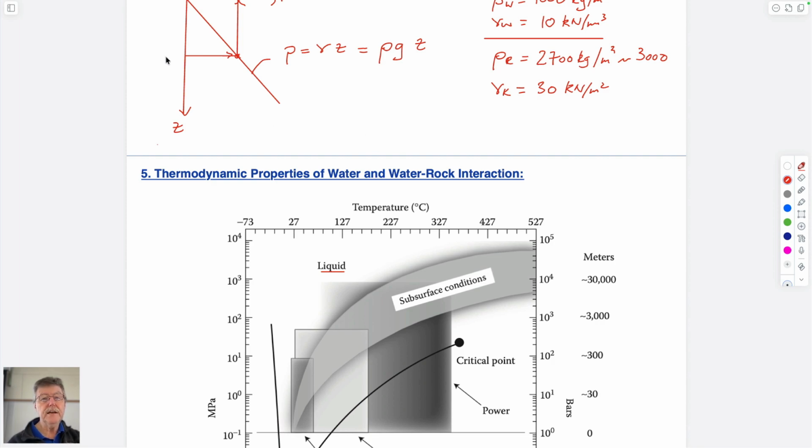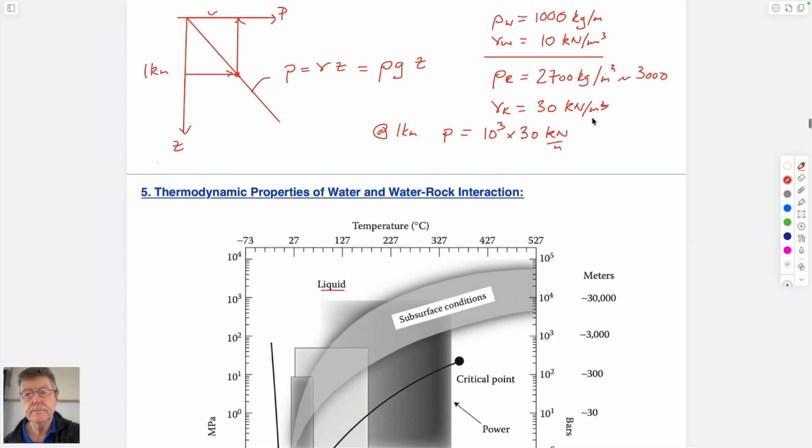So if we go down 1 kilometer, say, then at 1 kilometer, the pressure of rock is equal to 30 kilonewtons per meter cubed.